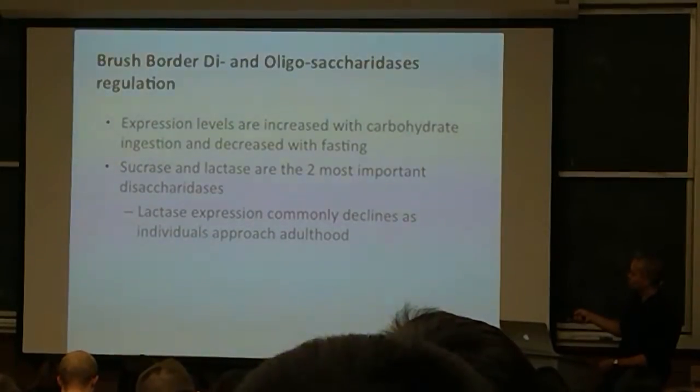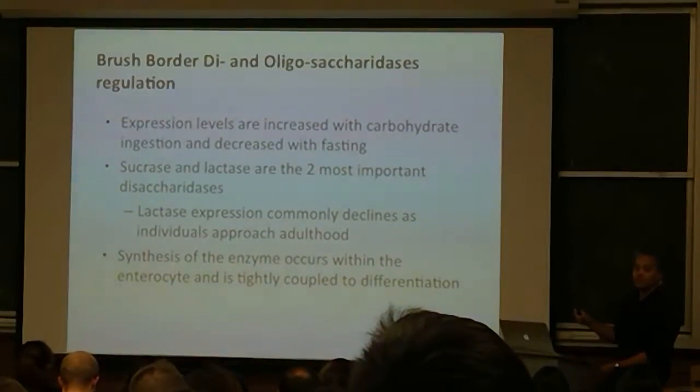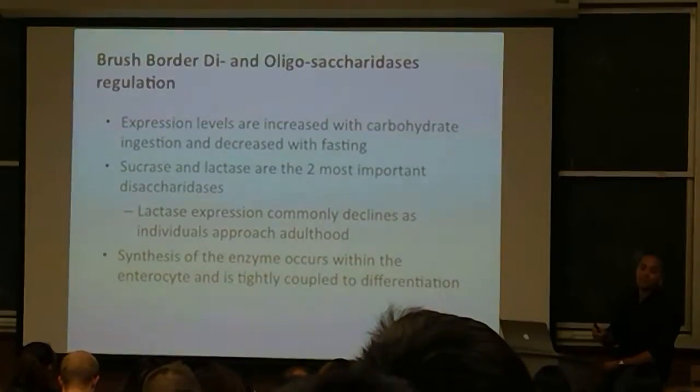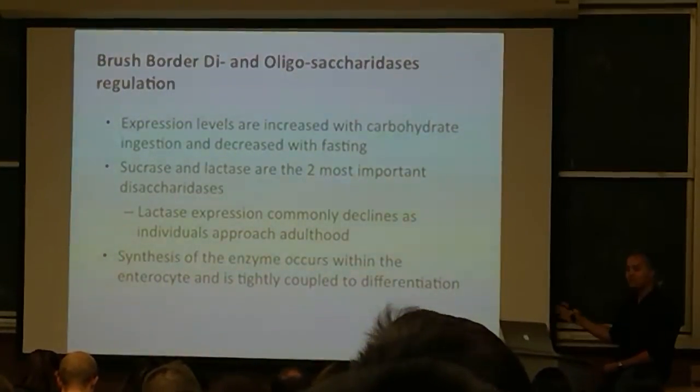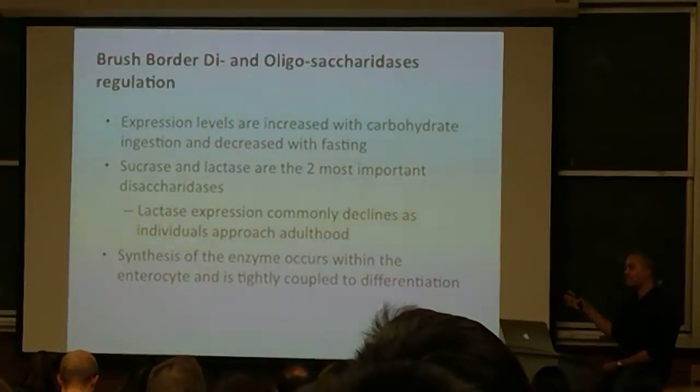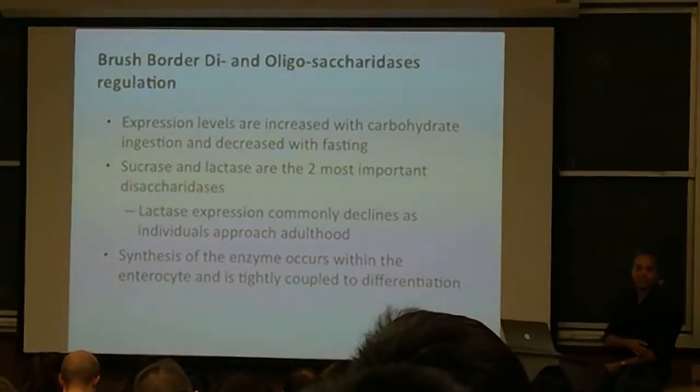We'll talk a little bit more about lactase on a subsequent slide. And just recall and remember that the synthesis of the enzyme occurs within the enterocyte. This is in contrast to amylase, which comes from the pancreas. Okay, so brush border disaccharidases and oligosaccharidases are coming from the enterocyte itself. Amylase from the pancreas.